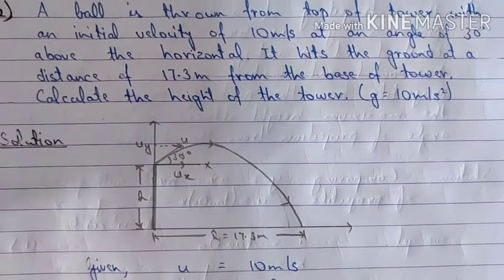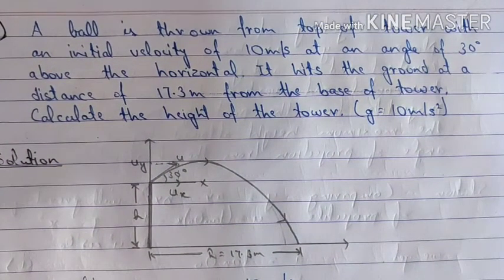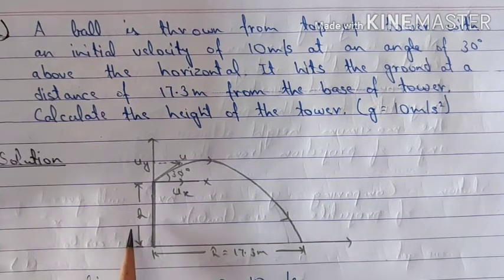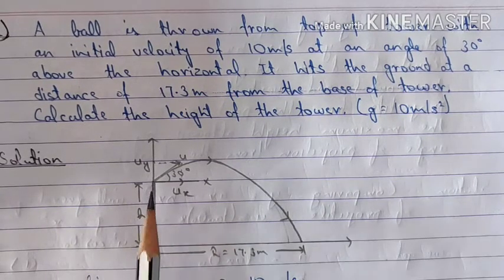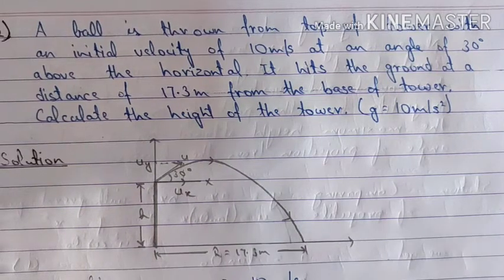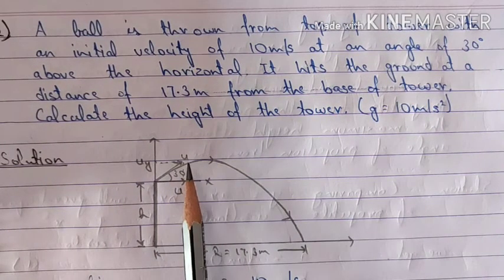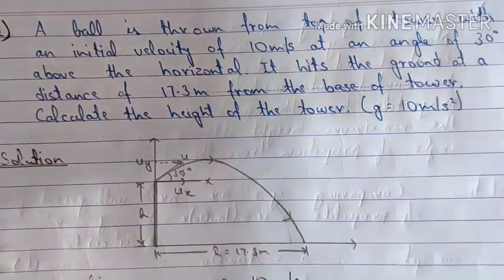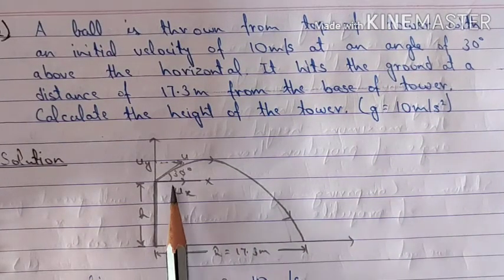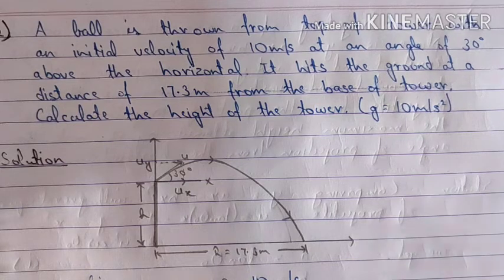If we plot this question on a graph, we have a tower of height h. From the top of the tower, a ball is thrown with initial velocity u, which is equal to 10 meters per second, and the angle of projection is 30 degrees.